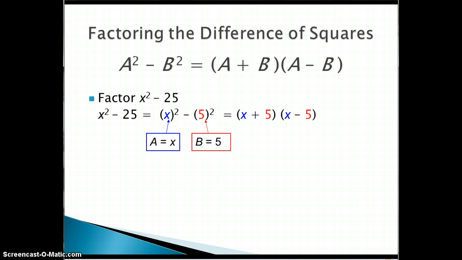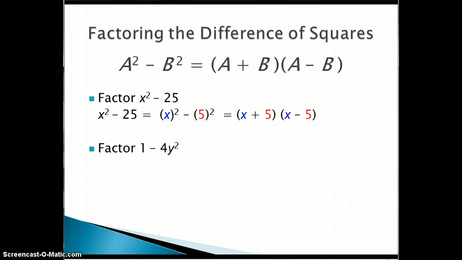So that's going to factor into x plus 5 times x minus 5. Notice that all the a's were replaced with x's and all the b's were replaced with 5's. And if you FOIL this out, you'll see that you do indeed get x squared minus 25 back.